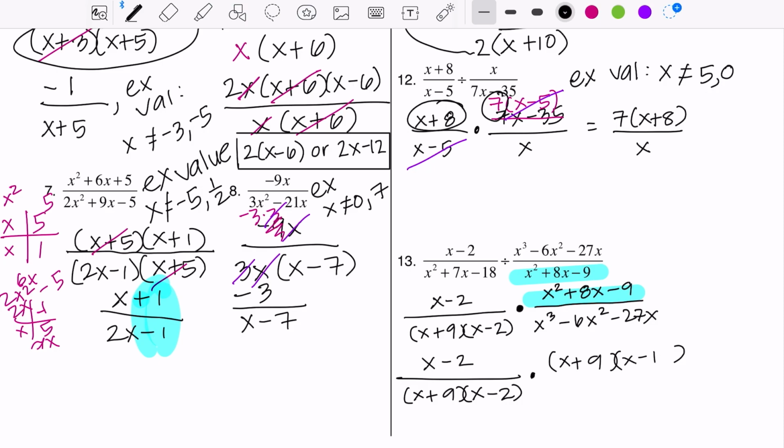When I factor that numerator by t-chart, I get x plus 9 times x minus 1. This one has a GCF. And then I'm going to have to t-chart the parentheses.